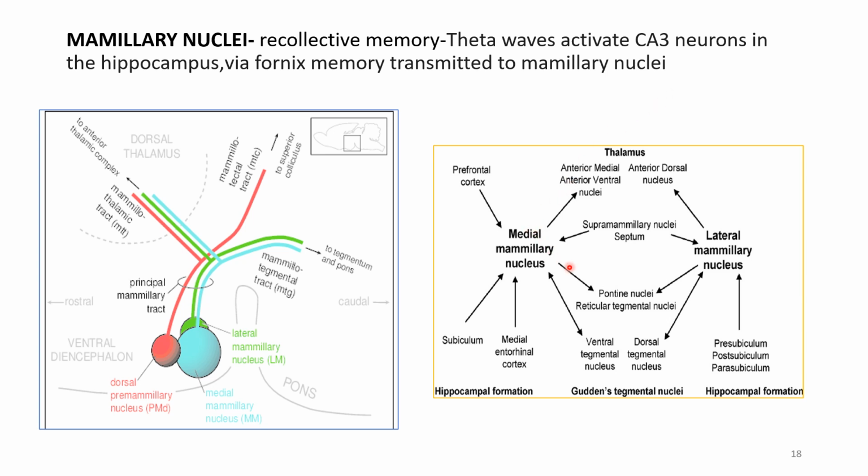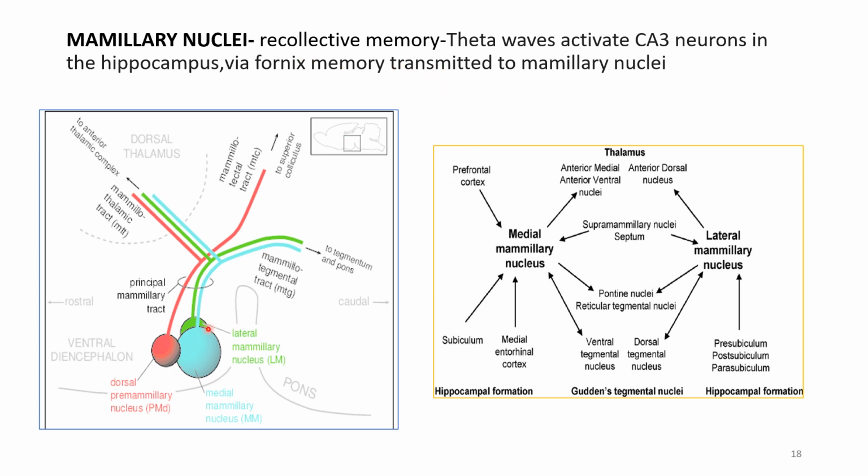Here you can see the medial mammillary nucleus and the lateral mammillary nucleus. This green one is the lateral mammillary nucleus and this blue one is the medial mammillary nucleus. These are the two mammillary nuclei.